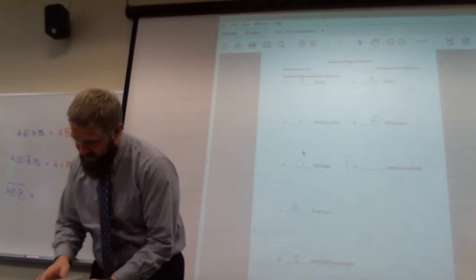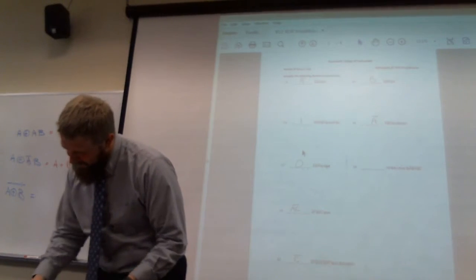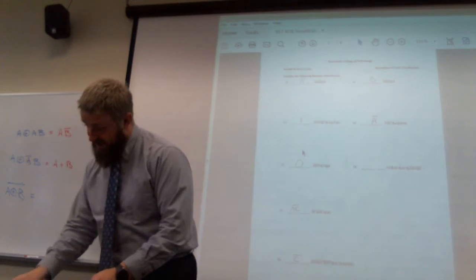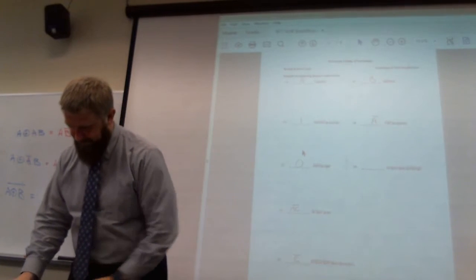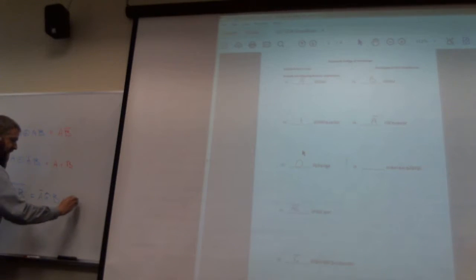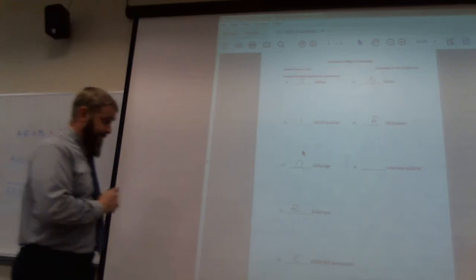The number on that rule sheet for exclusive OR is 9. Okay, so what is NOT (A XOR B)? A not XOR B, or A XOR B not, which is the same as (A XOR B) not. So you get to choose to just leave a not sign over one of them.